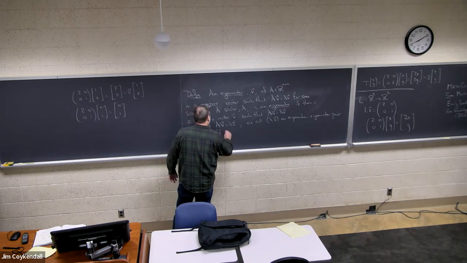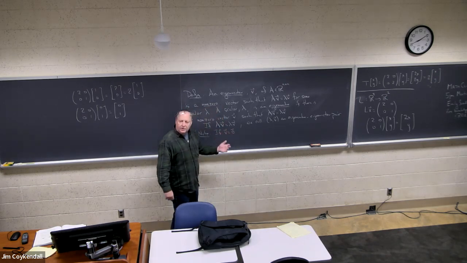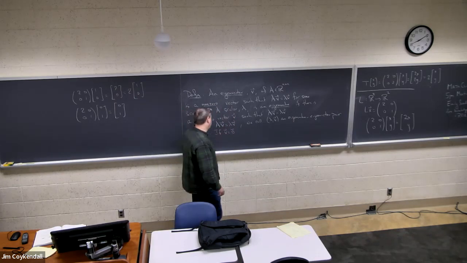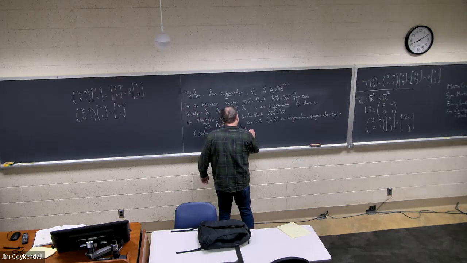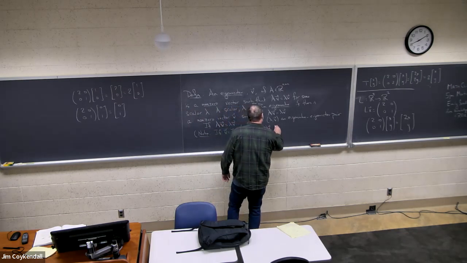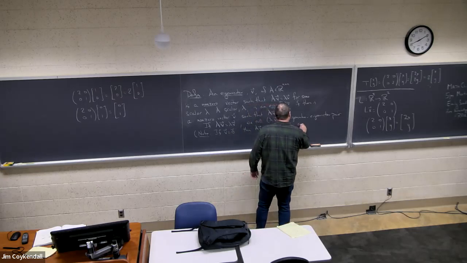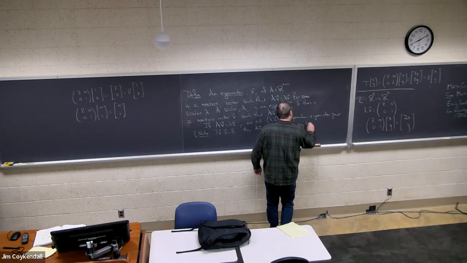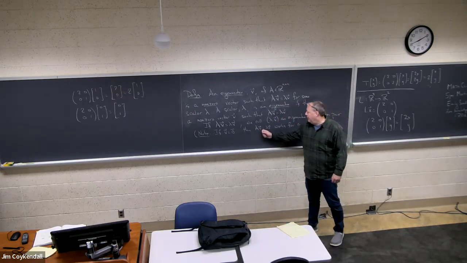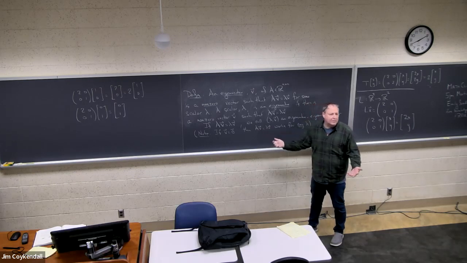Let me point out, if v is the 0 vector, because remember I said it's non-zero, then Av equals lambda v works for any lambda. Everybody agree with that? If I put the 0 vector in here, it doesn't matter what lambda is, that equation is balanced.